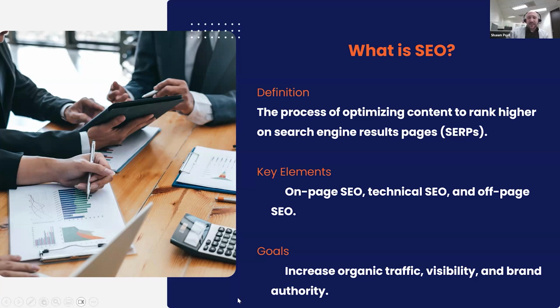As you know, it's a three-pronged attack to get your results higher up within the search rankings. You need to make sure your pages are fine-tuned, website is clean, layout works well, that the bots have crawled it, indexed everything appropriately, and then also that you have tons of backlinks feeding into your site that are coming from reputable sources. The goal of this is to increase your organic traffic, your visibility, and your brand authority.